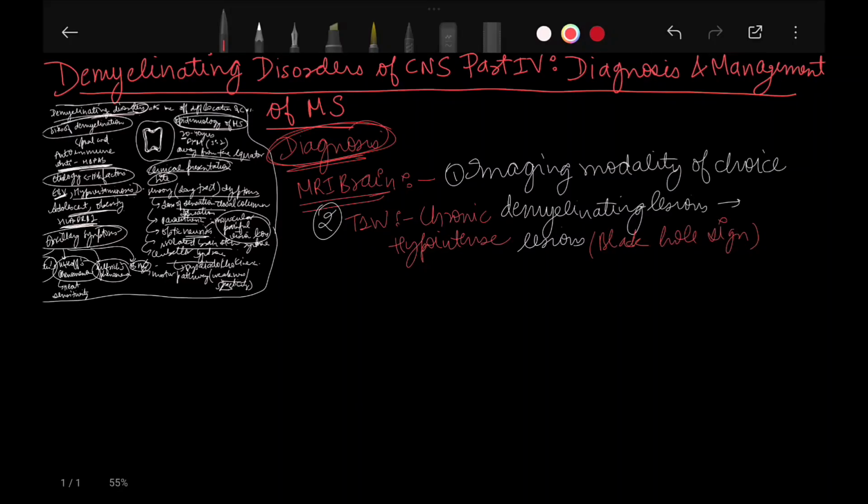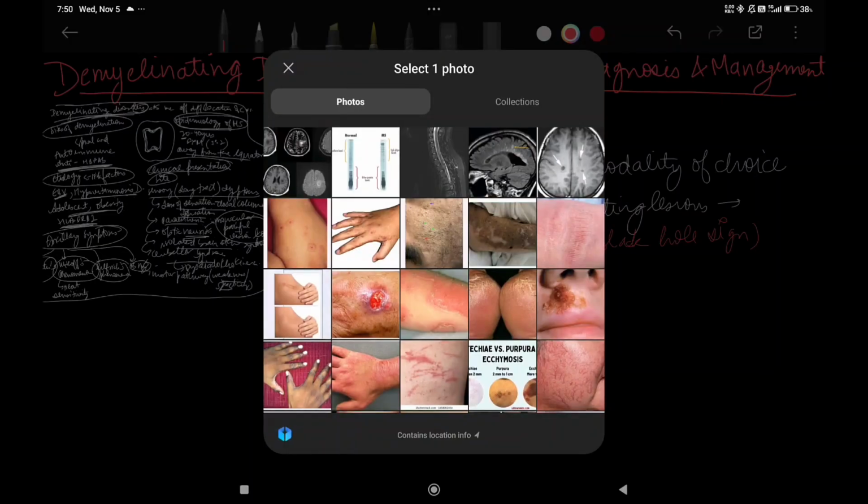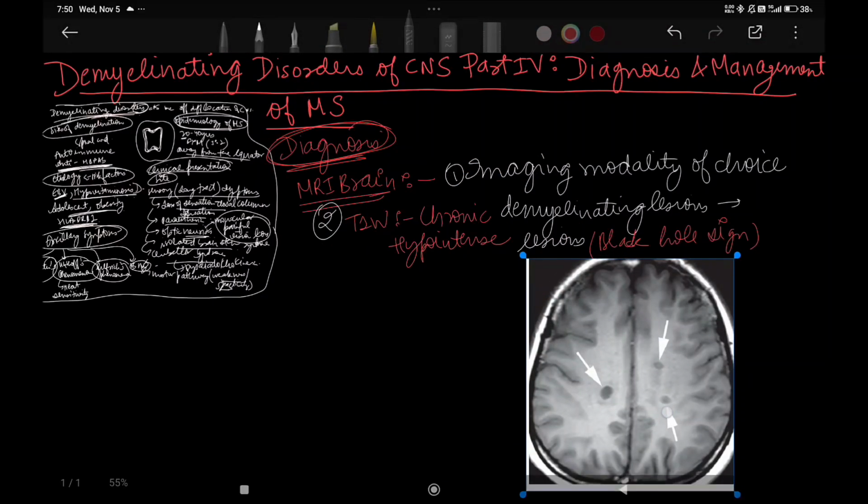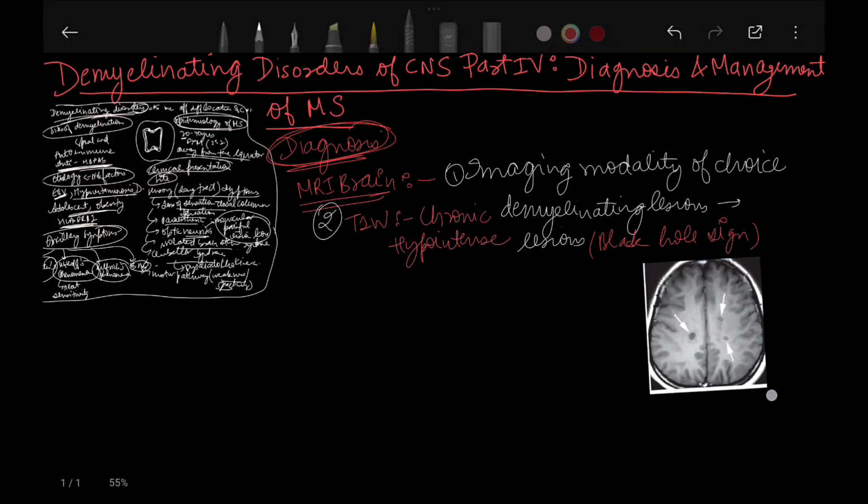MRI of the brain is the imaging modality of choice, and T1W shows the chronic demyelinating lesions. There are hypointense lesions in the brain which lead to the black hole sign. Now coming to the image, this is a black hole sign.